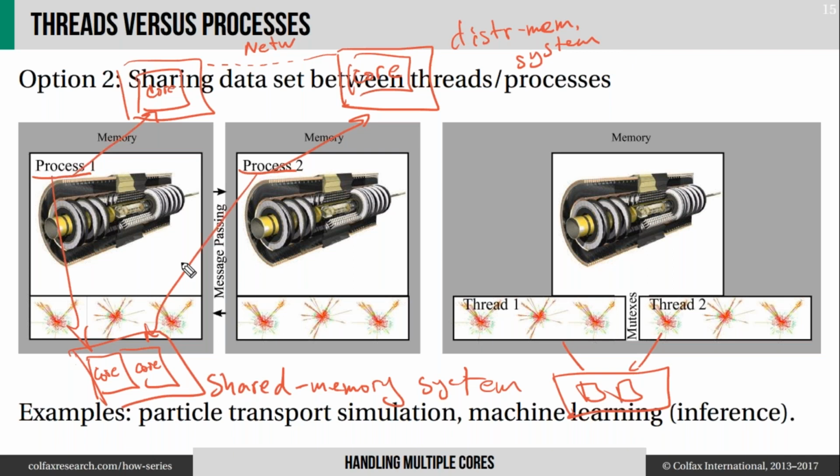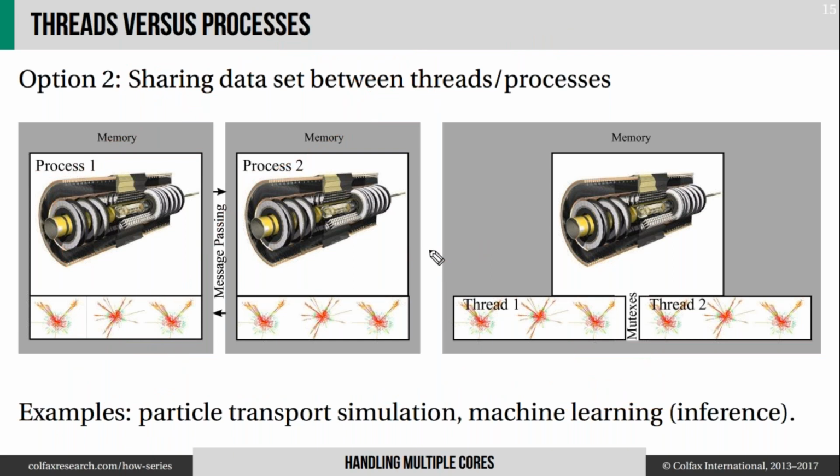But if you're dealing with a shared memory system and you have the choice between processes and threads, here's another consideration that I want to illustrate with this diagram. Suppose you're running a simulation where you don't split the simulation domain between processes, but rather you have a read-only data set that's accessible to all threads or all processes.